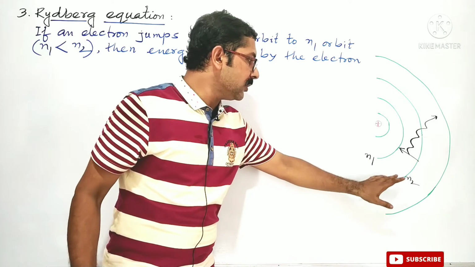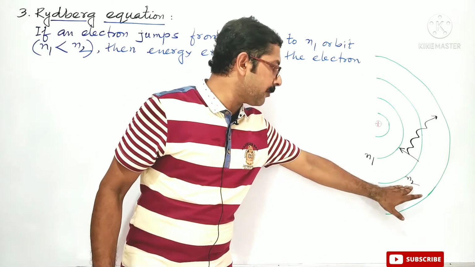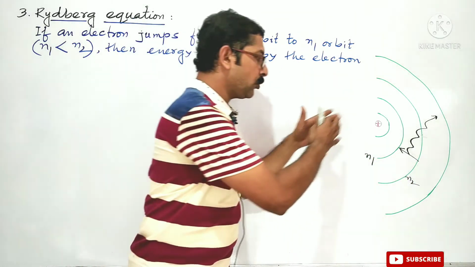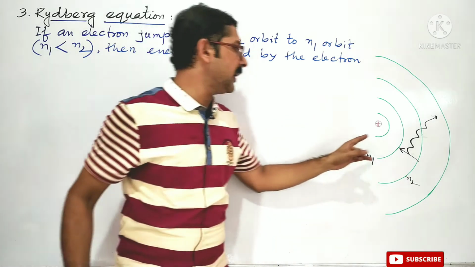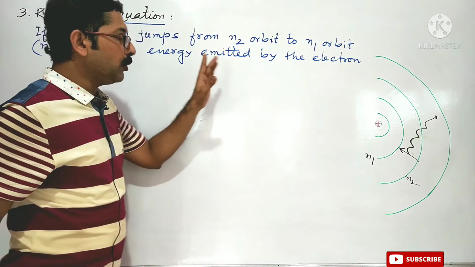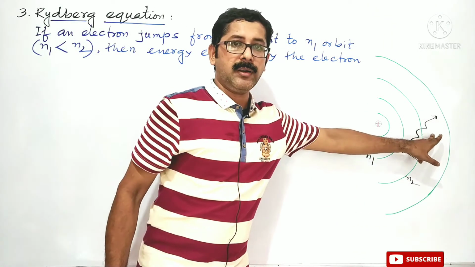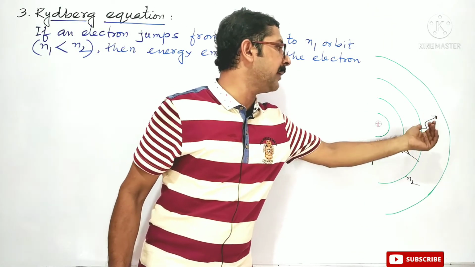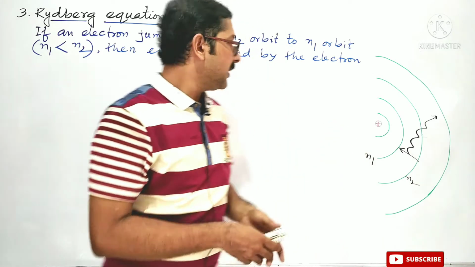If an electron jumps from this N2 orbit to N1 orbit, that is the outer orbit to the inner orbit, it will emit some energy, and from the Rydberg equation we will find the wave number and wavelength of the emitted energy, right?